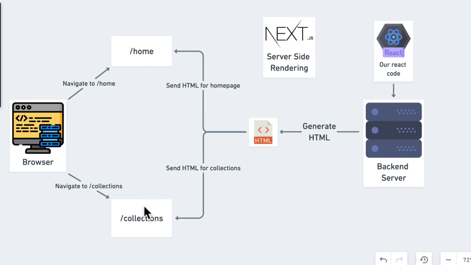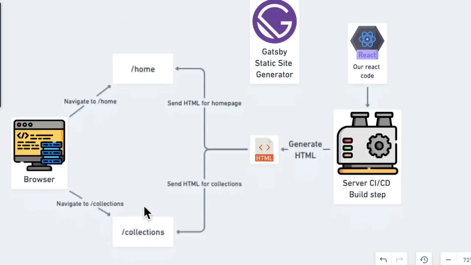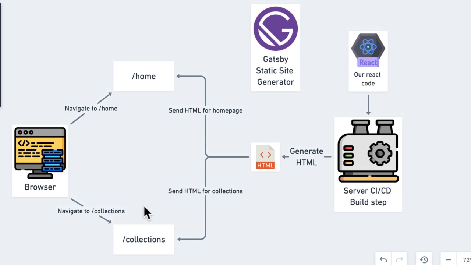So this is all live generated, whereas something like Gatsby is what's called a static generated website. So what this means is that all of the code that builds to the HTML pages that end up comprising our application is all done at the build step.